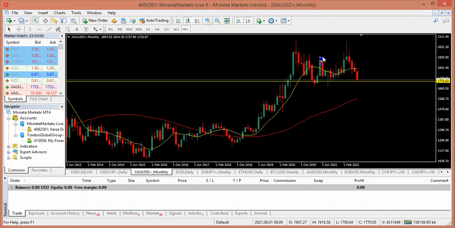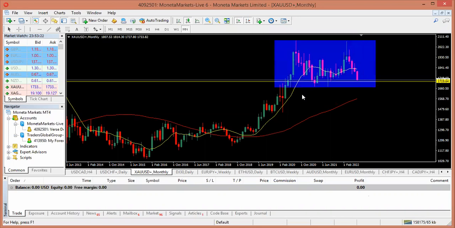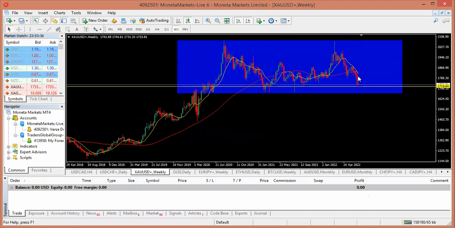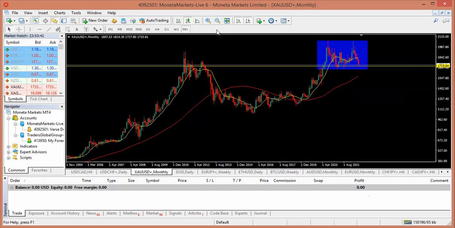Now, from this point where my mouse is down here, price is falling, but it has not broken out of this rectangular space. So price is currently ranging, but this is on the monthly time frame. But the moment you go down into the weekly, price is no longer ranging. See, price is actually really falling.